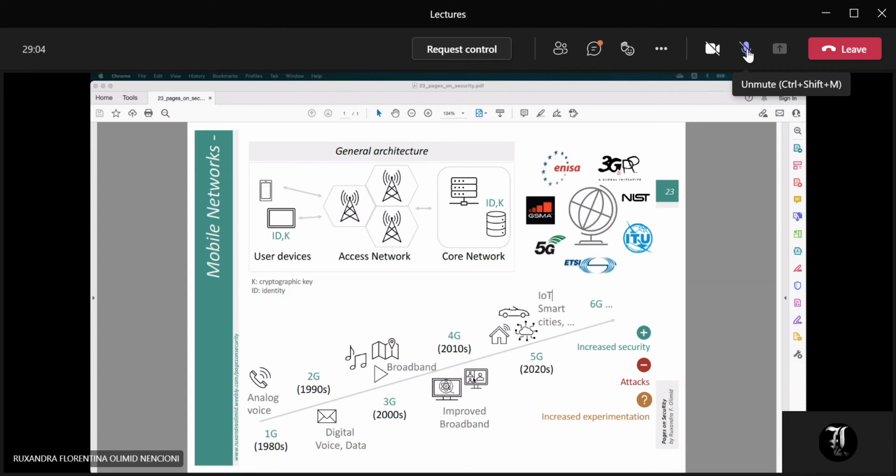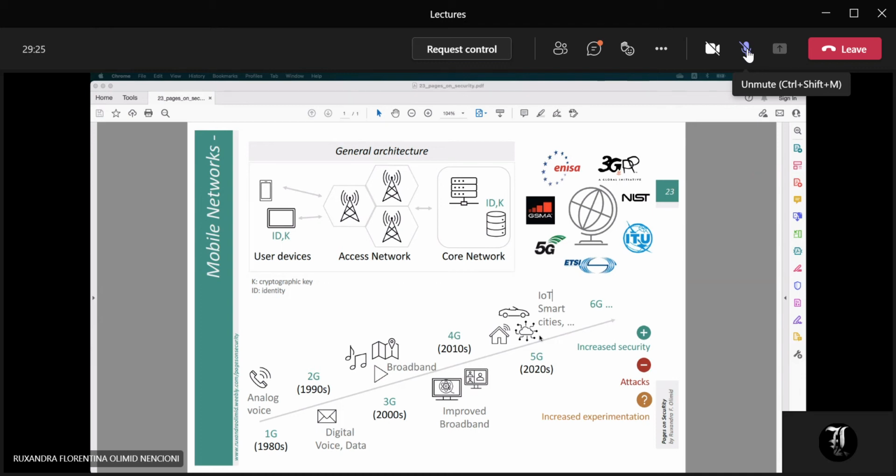In 4G, there are even some specifications, and we will see how you need to physically protect these antennas. So 5G brings a lot of problems as well, plus the number of connected devices that can be infected.